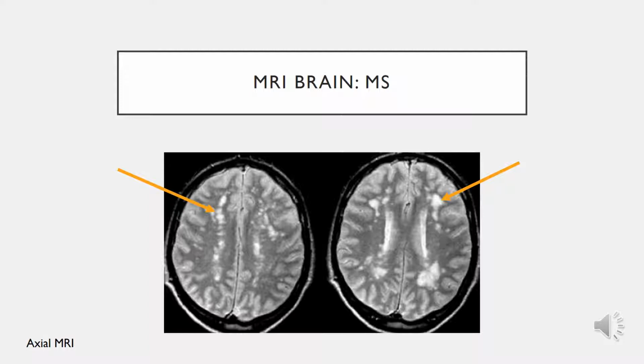Multiple sclerosis, for example, is a disease that destroys the myelin. So the appearance of this is going to be represented by scarring of the brain tissue. We can see the difference of that gray matter and that white matter in MS patients.